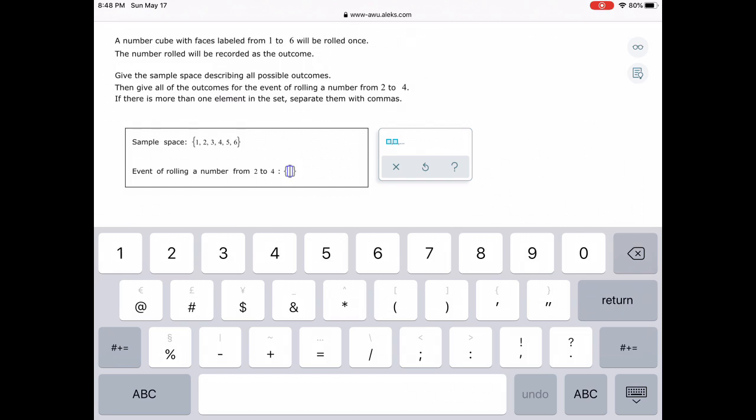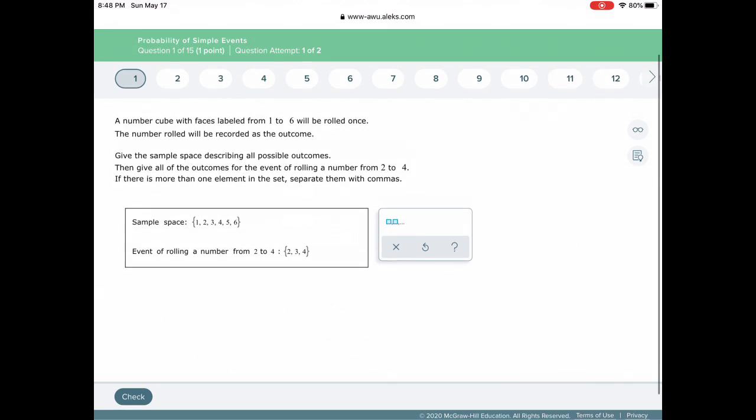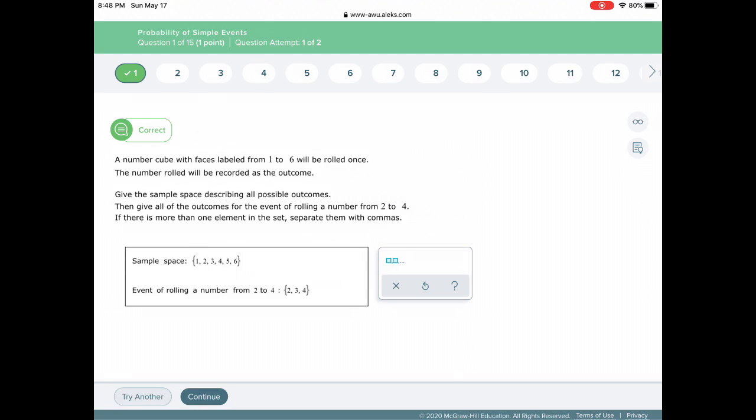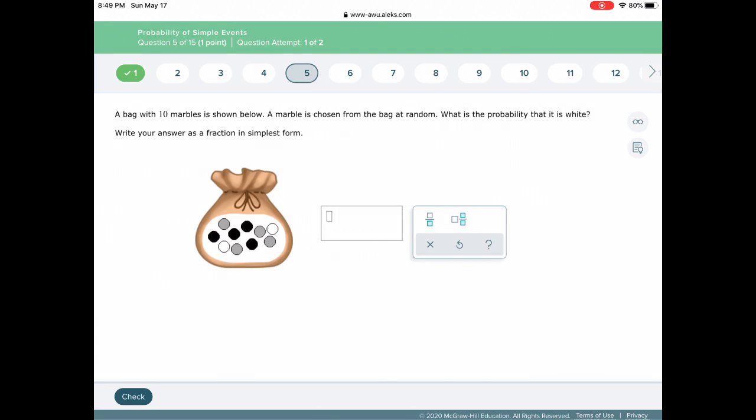So now you have to think, okay, out of that sample space, what numbers are from 2 to 4? And it's 2, 3, and 4. All right, so this is the basics of simple probability here. Let's move on to the next type of question.